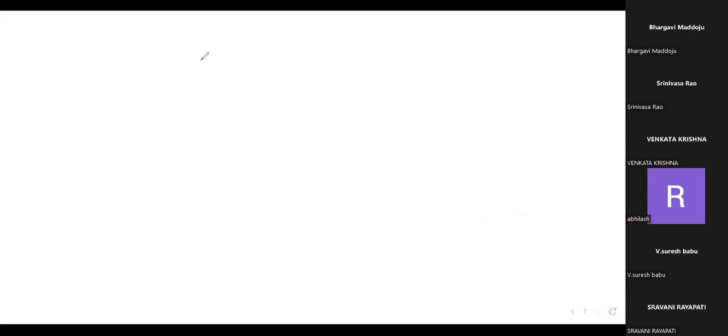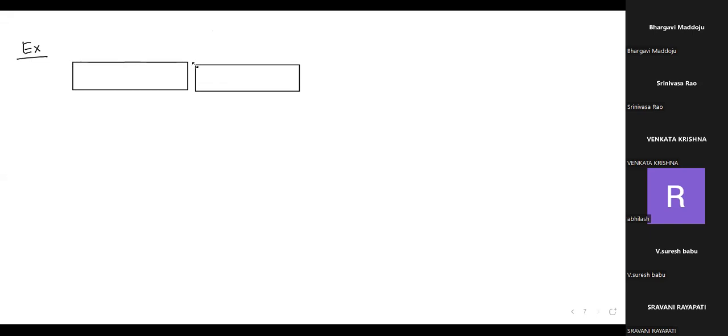In the series, suppose one rod is the first rod, and then the second rod. Here K is the thermal conductivity, and here 2K is the thermal conductivity of the second rod.